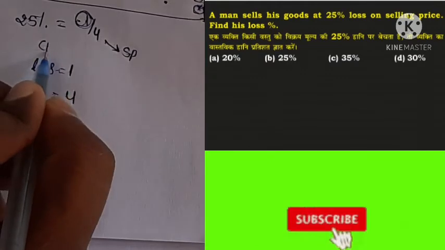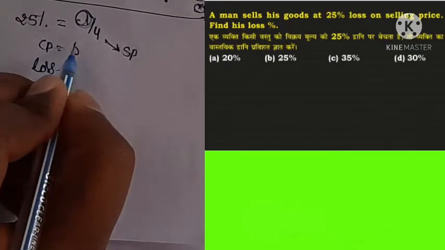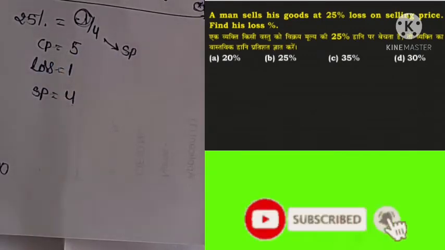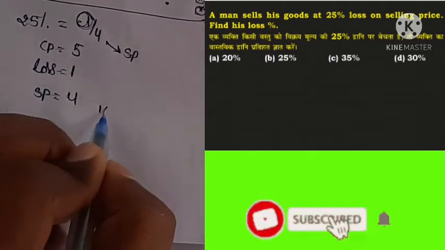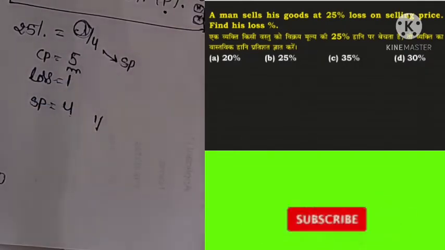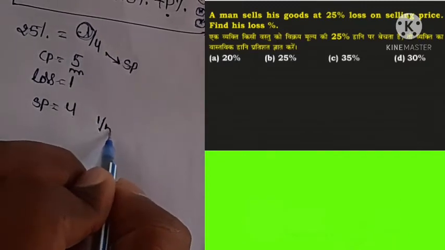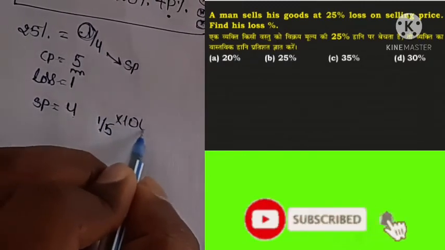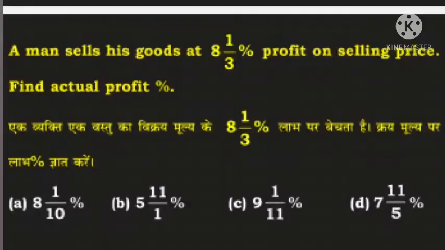So the cost price is equal to selling price plus loss. So value is equal to 5. So find loss percentage. So loss percentage is loss by CP, cost price, which is 5. So 1 by 5 into 100. So value is equal to 20%.